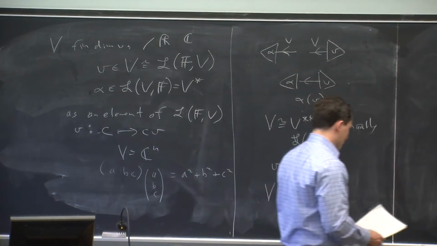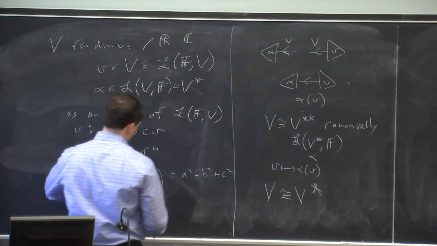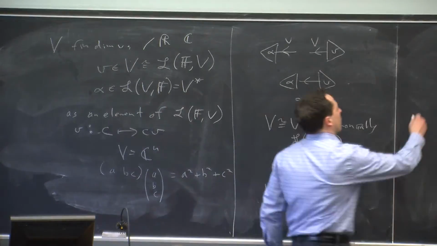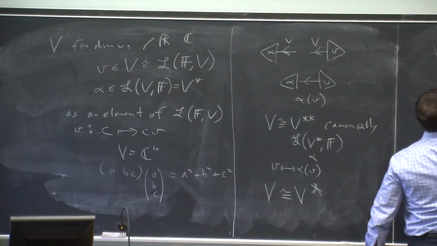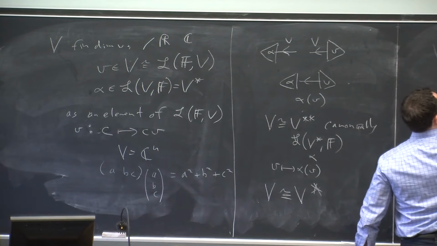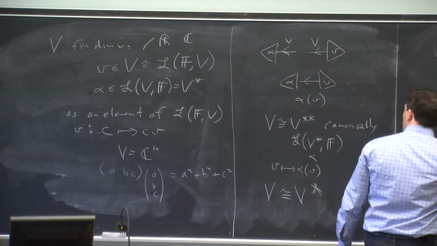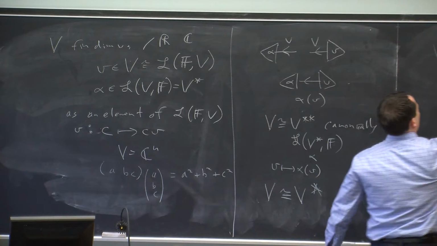So here's one situation in which we know how to do that. If I have V and I write it this way, so like if V is C3 and I have a vector V which is A, B, C, I know how to associate an element of V star to that. Let's make this R3 for now.